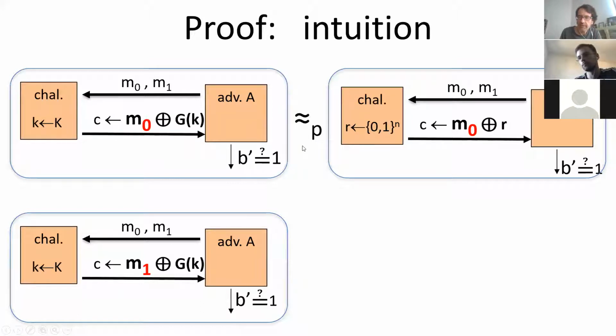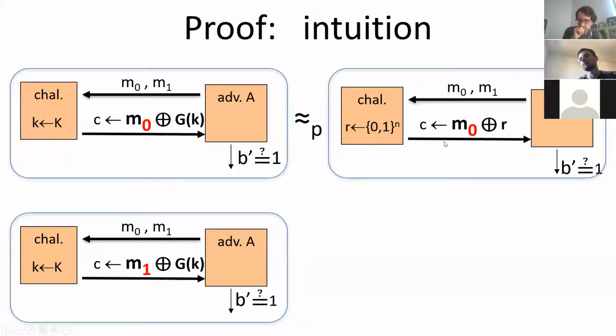So we'll do this in a second, but this is the intuition: because G is a PRG, XORing its output with a fixed constant and XORing random with the same constant must still be indistinguishable.